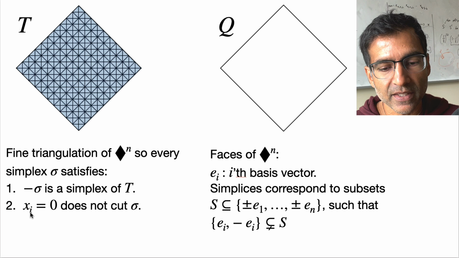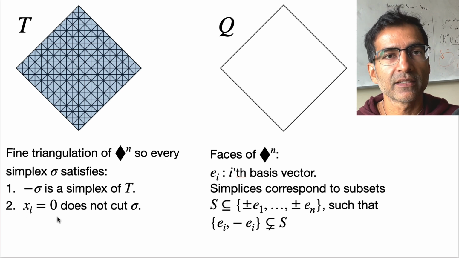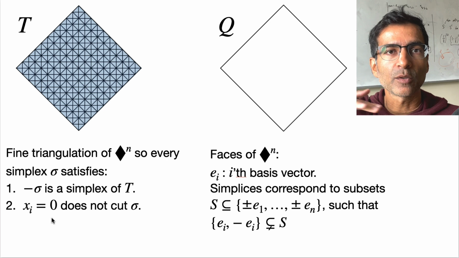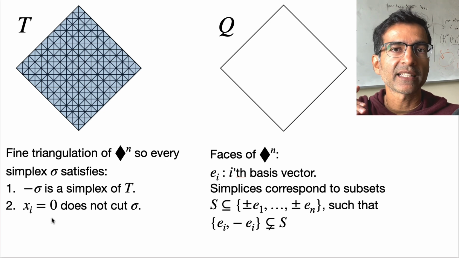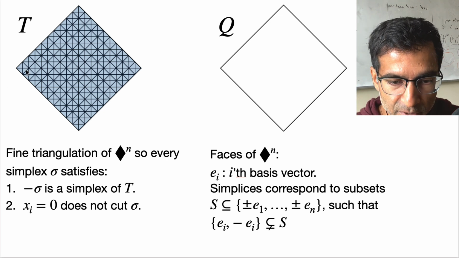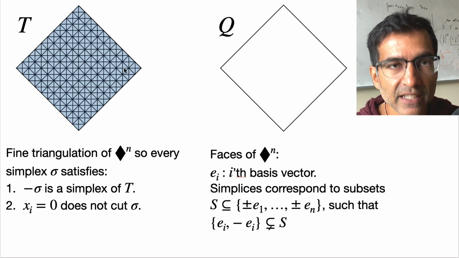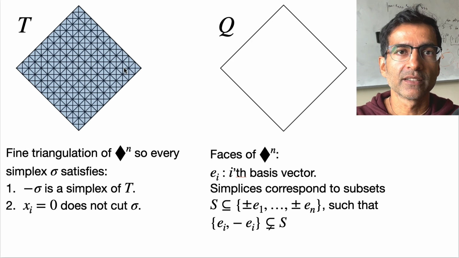And at the same time, the equators, the hyperplanes xi equals 0 for any i, do not cut any of the simplices. So for example, in this picture, the equator x1, x2 equals 0 corresponds to this line. And it just goes through the boundary of all the small simplices.